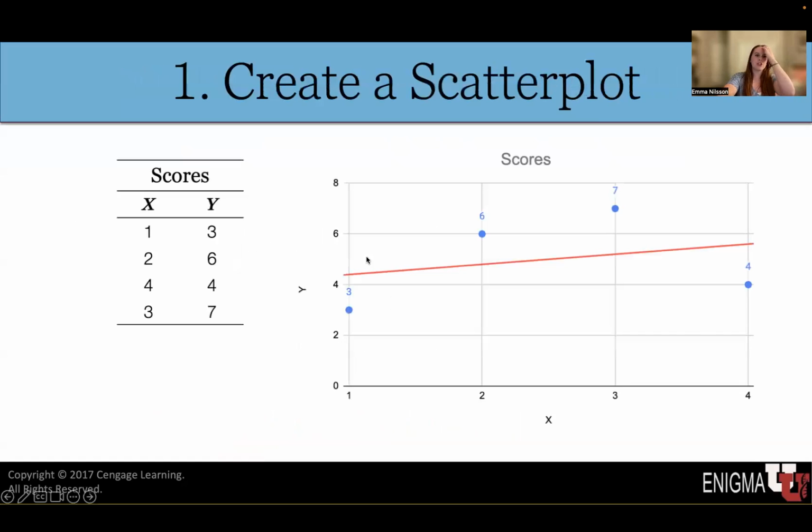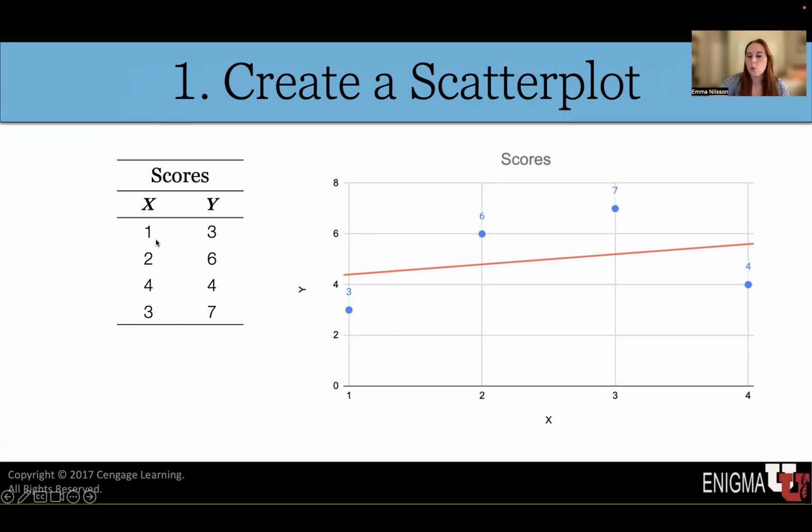So the first step is to create a scatter plot. You can do this in Excel. That's probably the easiest way. I won't show you how to do that now, but hopefully some of the other courses on ENIGMA-U will touch on that a little bit more. This is just our sample data. We have X scores of 1, 2, 3, and 4, and we have their corresponding Ys, and you can see them on this scatter plot.